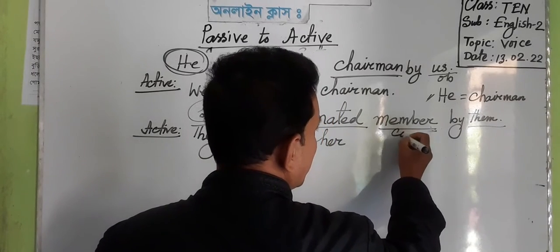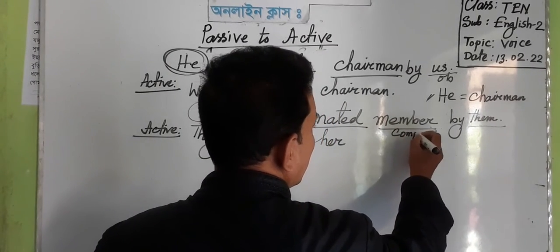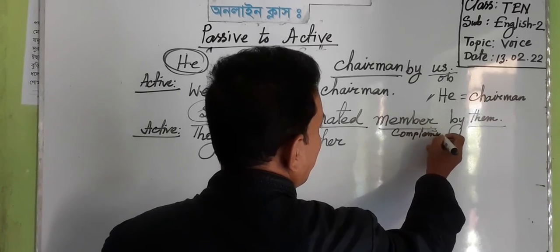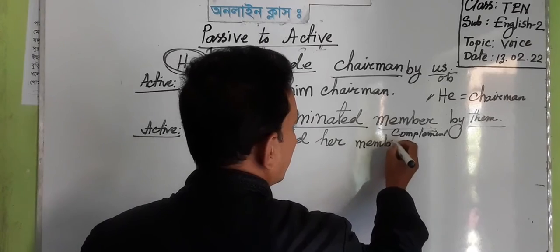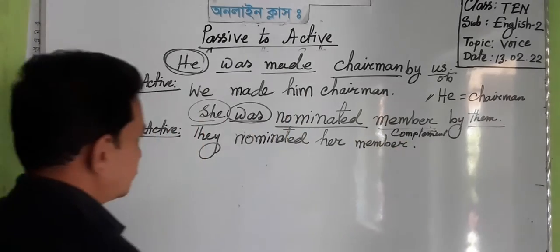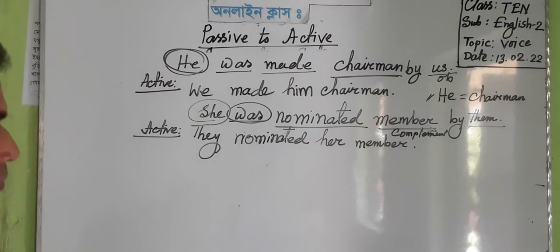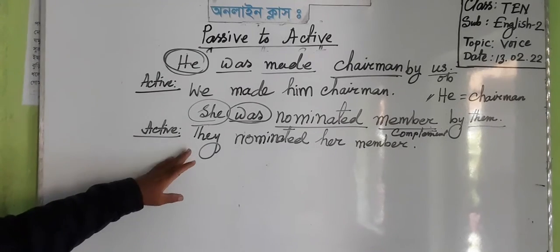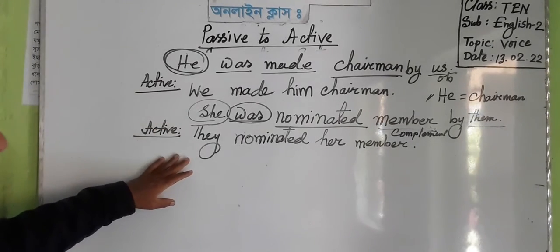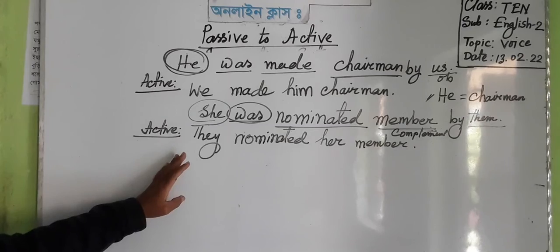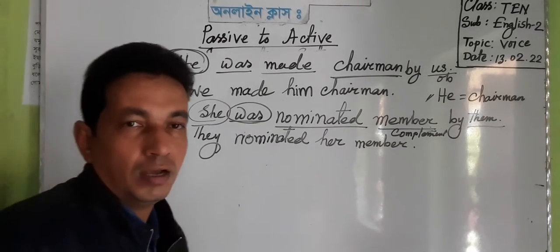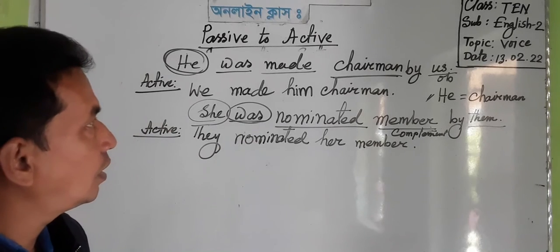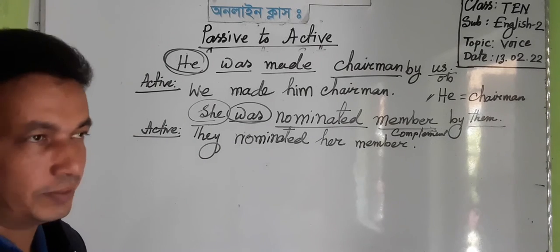That means complement. Her member. They nominated her member. This is the example of change of passive to active about factitive object or objective complement. This is another kind of rule from passive to active.